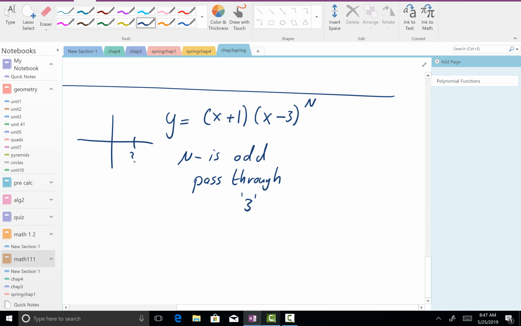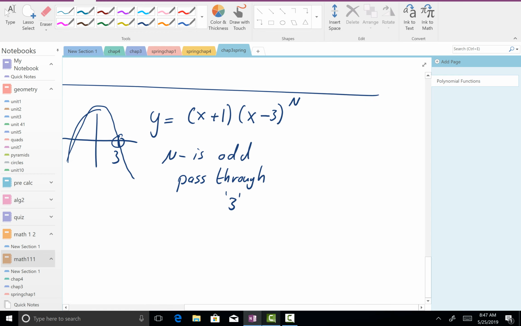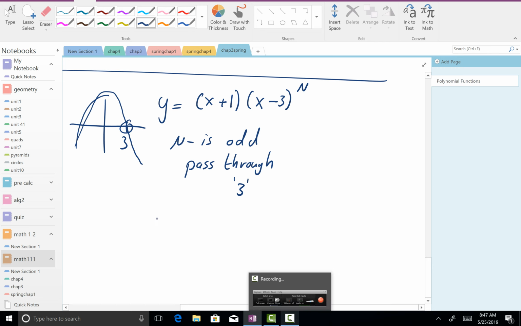But if n is even, then it's going to bounce off.